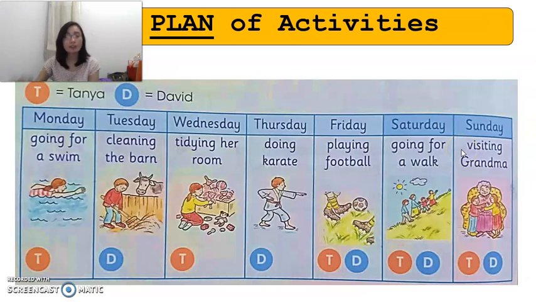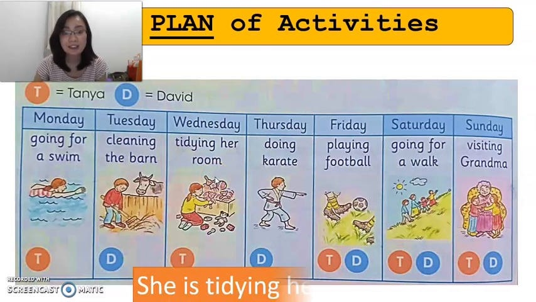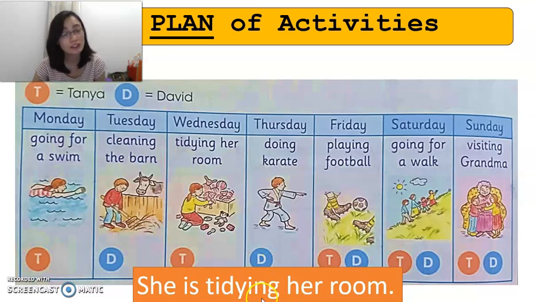Now let's try again the plan of activities of Tanya and David. What will Tanya do, or what is Tanya doing on a Wednesday? So this is it. If you're going to make it in a sentence, you will use she is tidying her room. She for the pronoun, is, since it's only one, tidying with ing form. And what is she tidying?